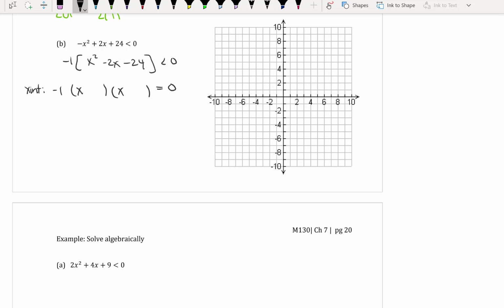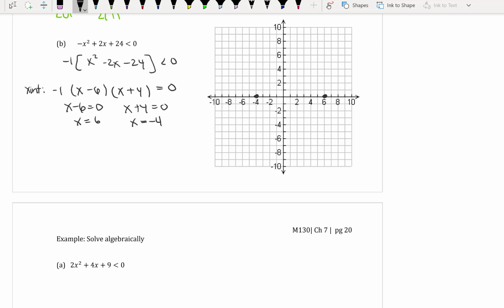Two numbers that multiply together to give me 24 and give me 2 would be a 6 and a 4. So x minus 6 is equal to 0, so x is equal to positive 6. x plus 4 is equal to 0, so x is equal to negative 4. So I have a positive 6 as my x-intercept, and I have a negative 4.